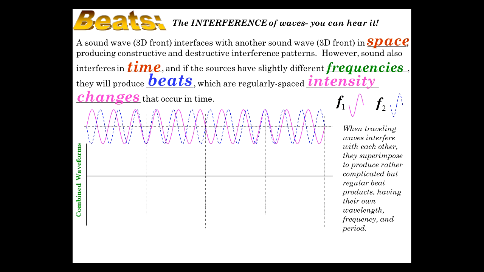Then the patterns are going to be more complex, and it's going to include regions where the sound level is higher and then diminishes down when you do the superposition. That's going to make the beats. And the beat itself is going to have its own wavelength, frequency, and period. But I just said too much now. Let's look at the picture that emerges to put some flesh on those words.